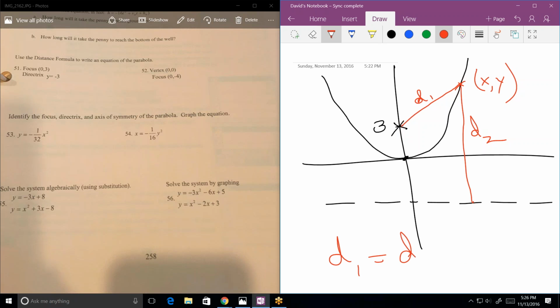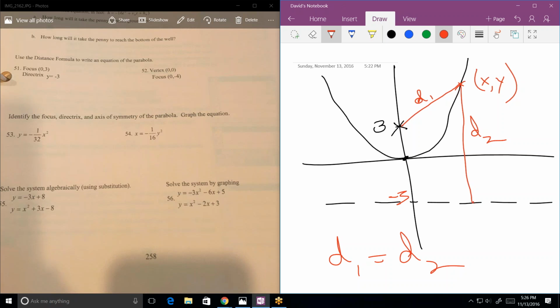Now, the confusing part is the fact that I've just picked a random point here and called it x comma y. I don't know what that point is, and I don't care. I could have put the point down there. What I do know is the distance from the focus to whatever point I pick is the same as the distance from that point to the directrix.